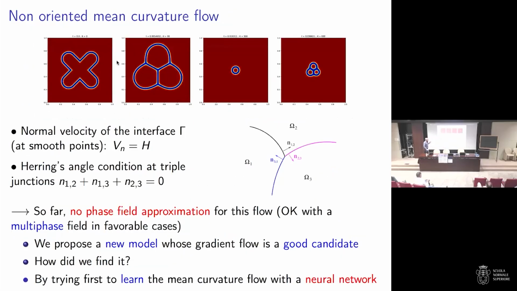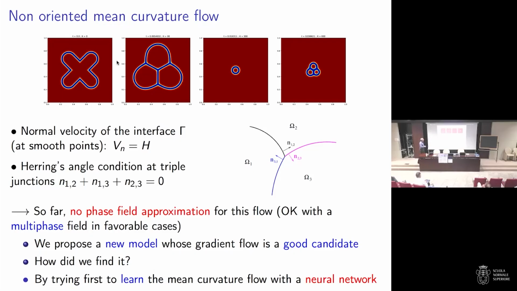Okay, so let me just illustrate what I mean by non-oriented mean curvature flow. Now, I have a situation where, of course, this is the boundary of a domain, but I don't want to see it as the boundary of a domain. So I'm just interested in the simulation of this interface, and I want to avoid considering what is inside or outside. It's not part of the consideration.